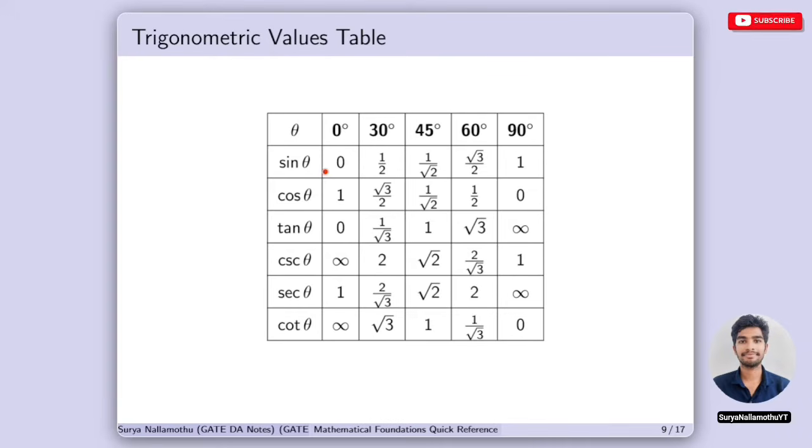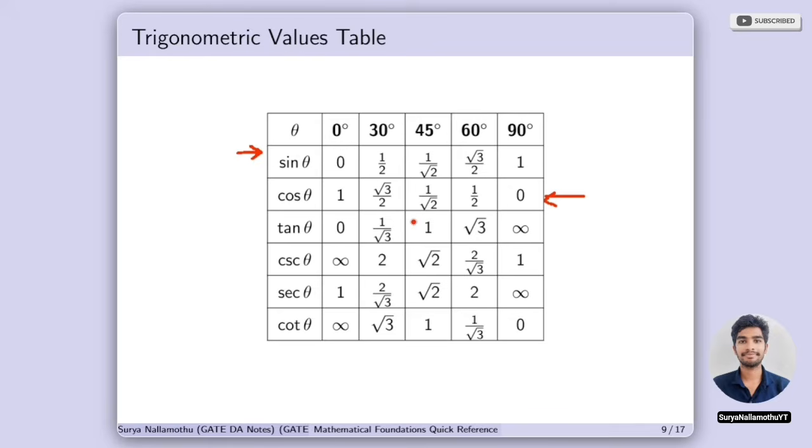This is in the order of this direction, and we need to write this in the reverse order. Here we have 0, 1 by 2, 1 by root 2, root 3 by 2 and 1. So we reverse this for cos theta: 1, root 3 by 2, 1 by root 2, 1 by 2, 0.